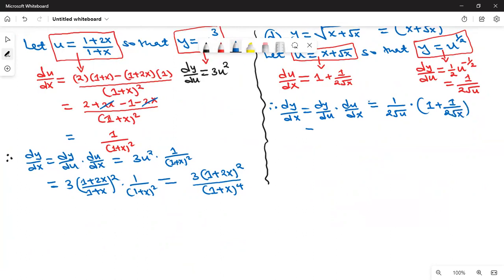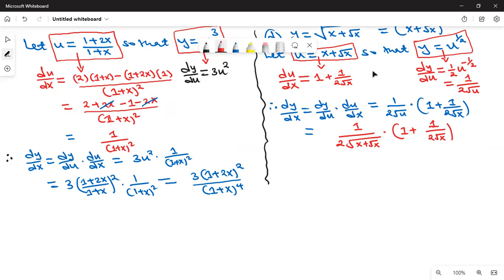When you replace u, where there is u, I write x plus root x, that is our u. So this is the same as 1 over 2 times the square root of (x plus root x), times (1 plus 1 over 2 root x). So that's what we have as our dy dx. And you see, we have used the chain rule of differentiation.